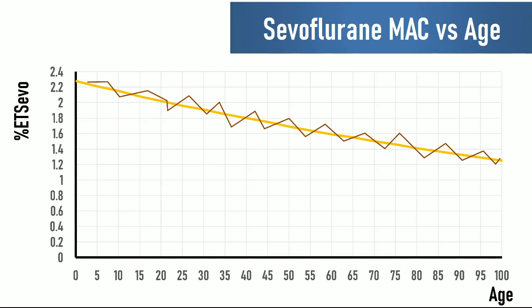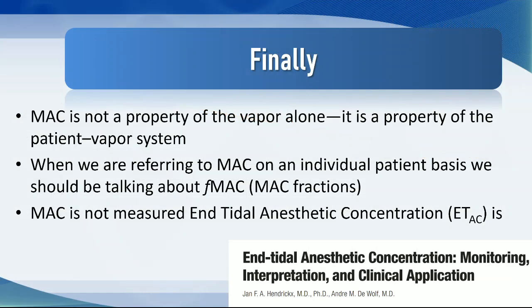What that movement means with respect to depth of anesthesia will be covered in the next tutorial. Finally, MAC is not a property of the vapor alone, it's a property of the patient vapor system. And when we are referring to MAC on an individual patient basis, we really should be talking about MAC fractions or Fmac. MAC is not measured, end-tidal anesthetic concentration is.